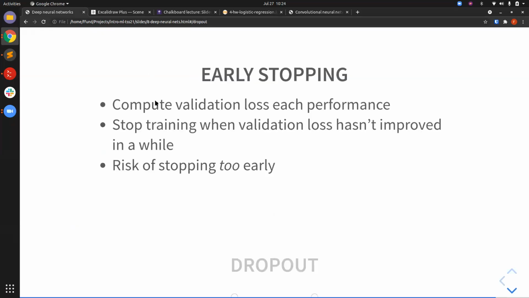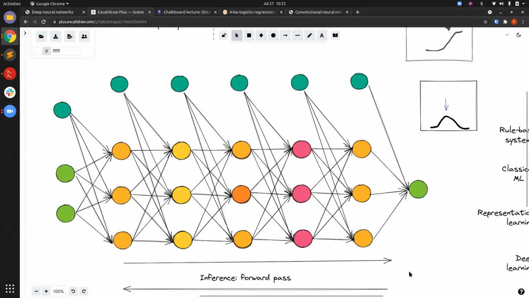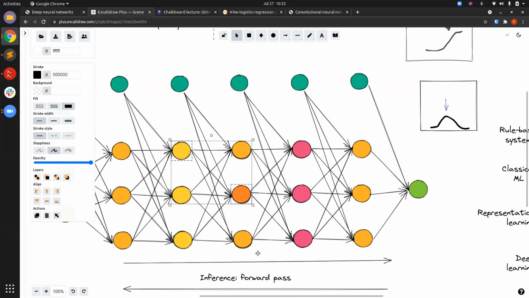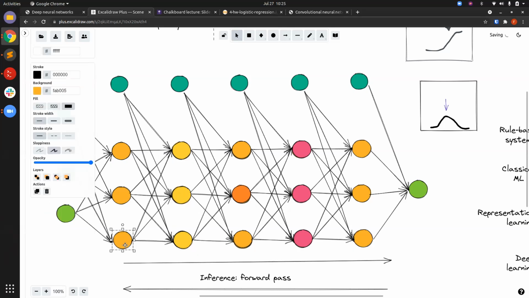Okay, what else can we do to avoid overfitting? One popular option is what's known as dropout. In dropout, you have some dropout probability, and in each training step, you randomly zero out some of the neurons.